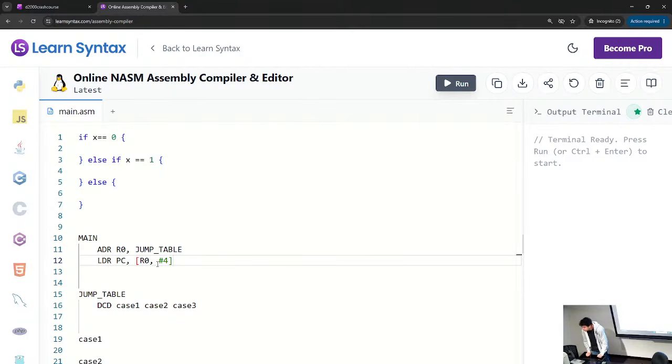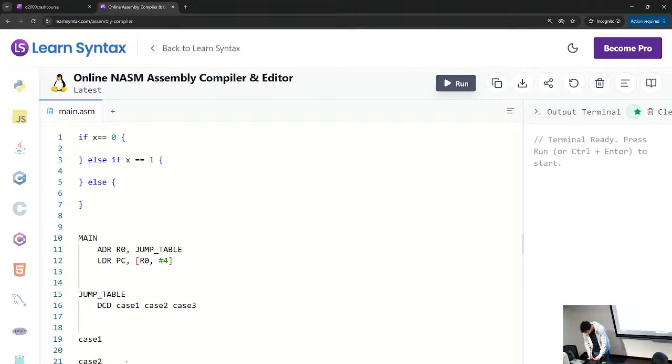The syntax is not very happy because this is not an ARM compiler, but we're trying our best. If we want to go to case 2, we move the PC to the address at R0 plus 4, which is case 2. So it's saying, let's go to case 2.